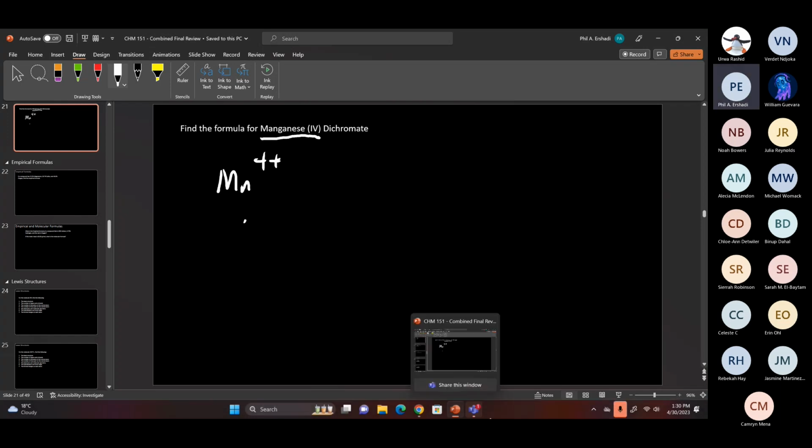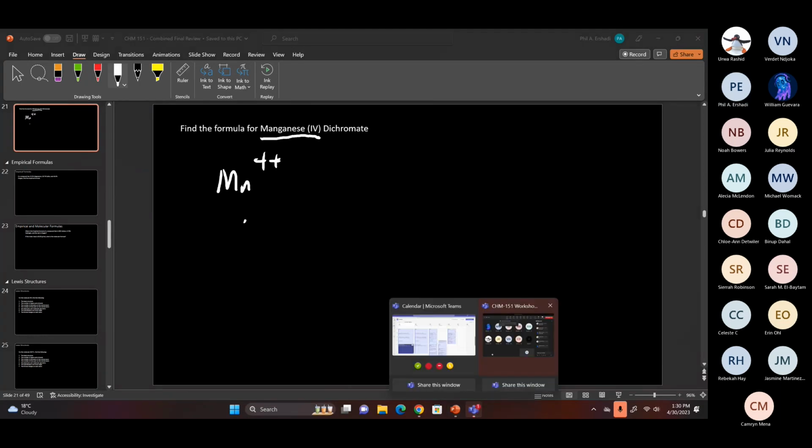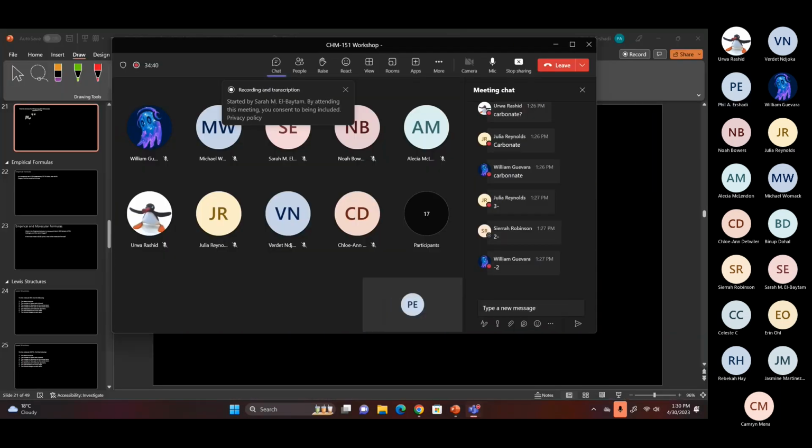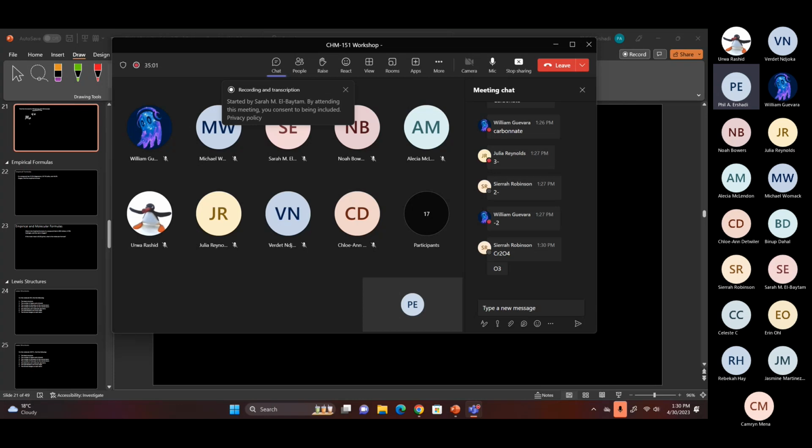How about dichromate? Does anyone remember that one? That one's rare. Some of you might remember it. Cr2O4, you're close. You're right about the Cr2. You may have made the mistake of confusing dichromate with regular chromate.